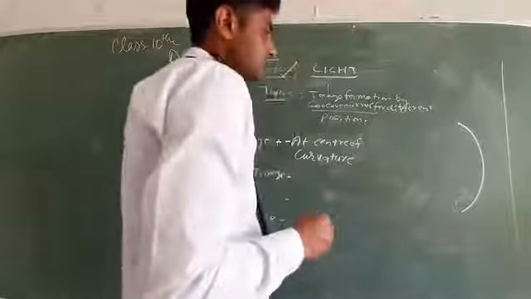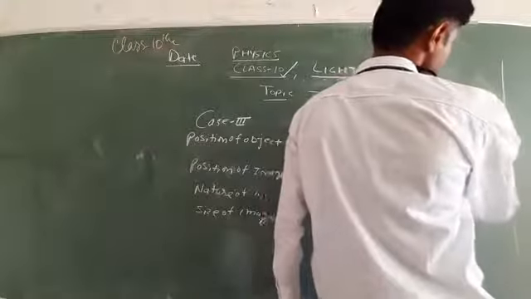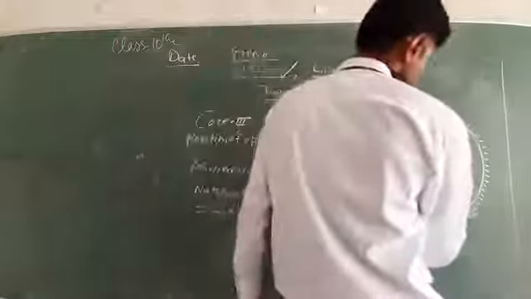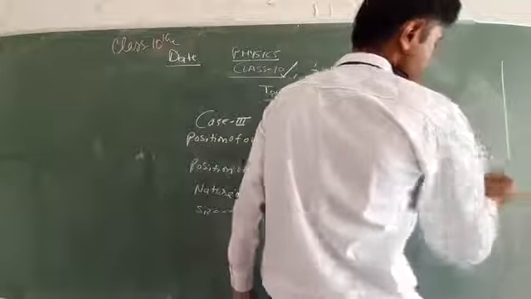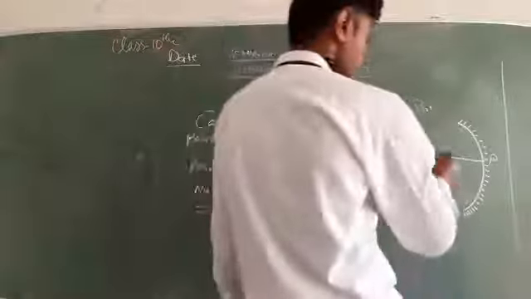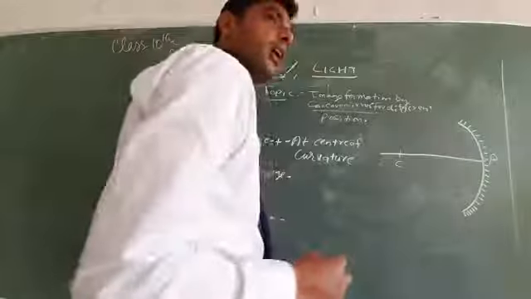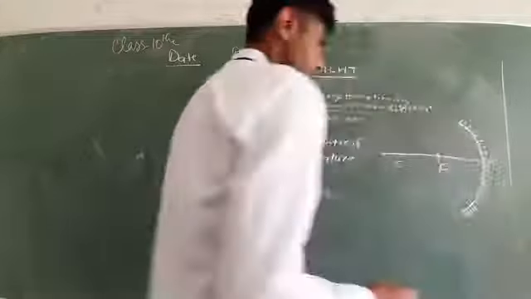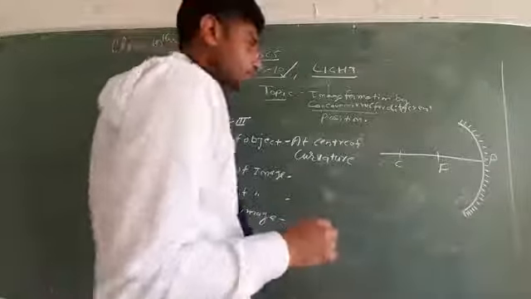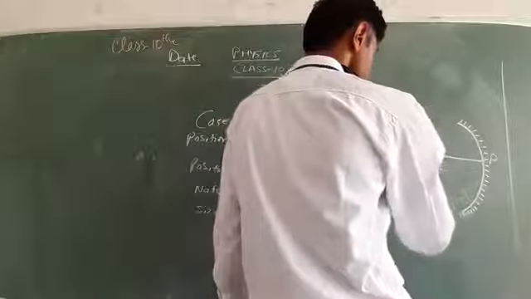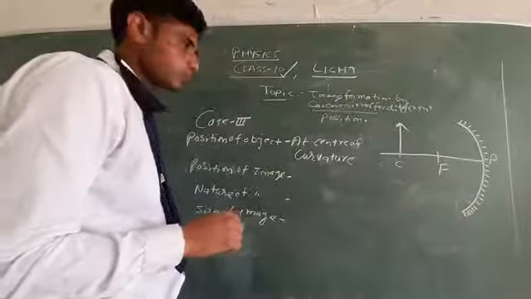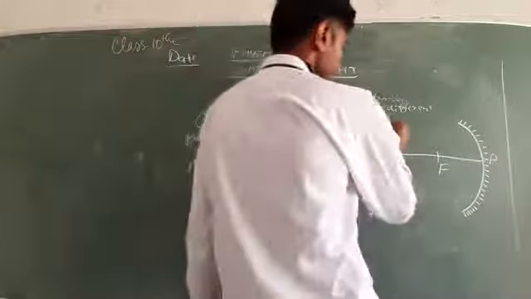So this is a concave mirror. This is the principal axis, passing through the pole, center of curvature and focus point. The object is placed at the center of curvature. This is object AB.